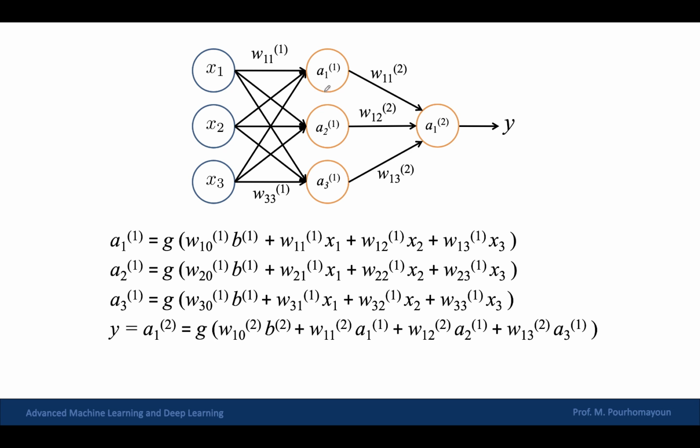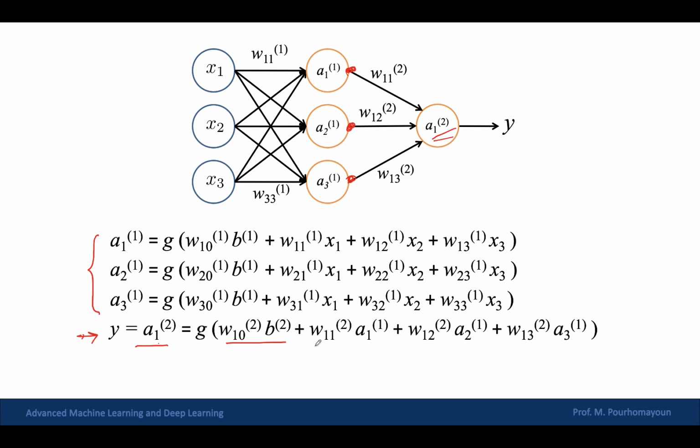So if we do the same thing for all of these three neurons, we will have a structure like that at this layer, the output of this one and this one and this one. And then the output of this first layer will be the input of the second layer. So same thing for y, right? So y, which is also equal to a12 right here, is the same thing, g of, so we have bias here. Again, it's hidden, but it is there.